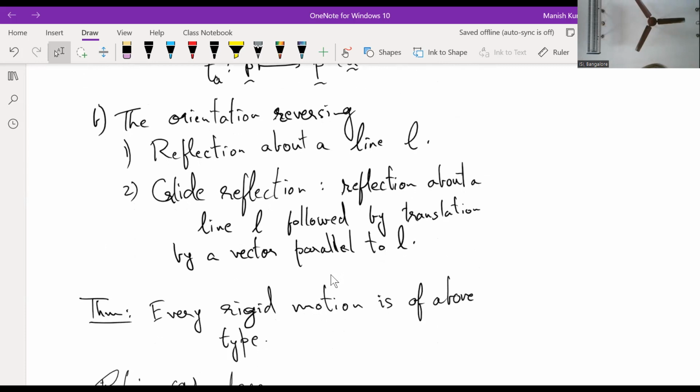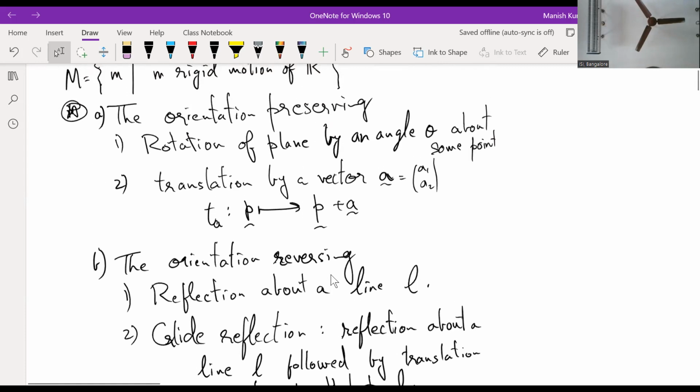Remember, any rigid motion we saw is either rho theta, where rho theta is the rotation by angle theta, followed by a translation, or rho theta times r, where r is the reflection about the x1 axis, followed by a translation.